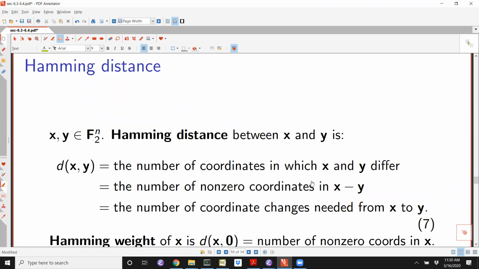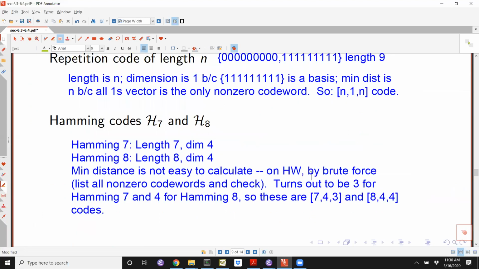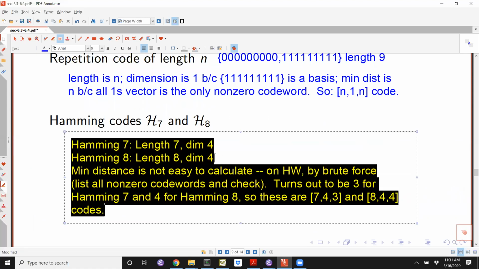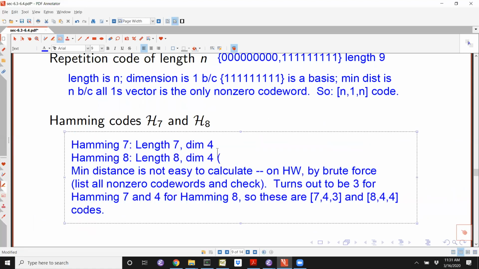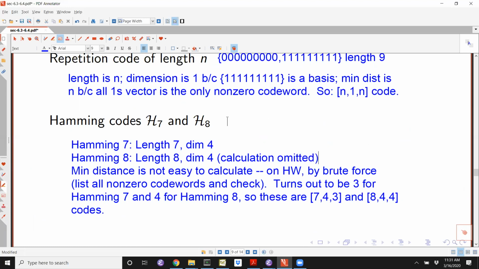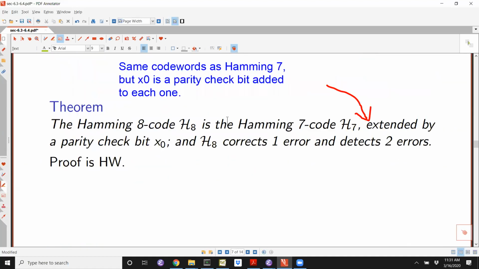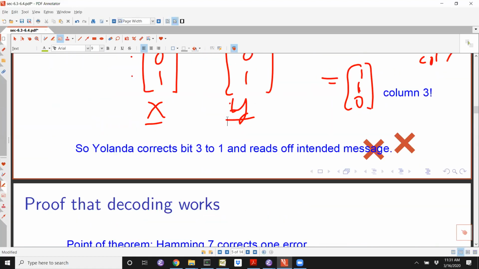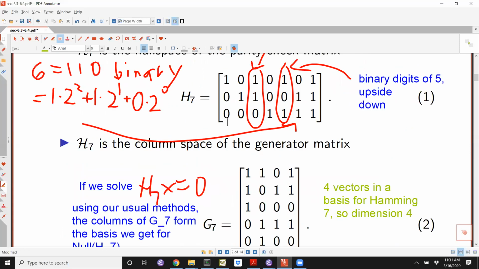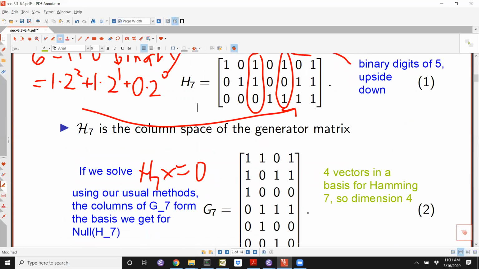I don't understand the part where you wrote dimension 4 for Hamming 7 and Hamming 8. Okay. For Hamming 8, I'll say calculation omitted. But I actually did the calculation for Hamming 7, so let me go back. Remember we have this H7 and G7?